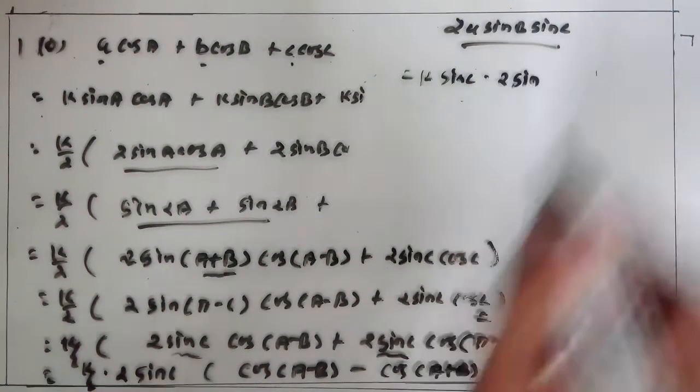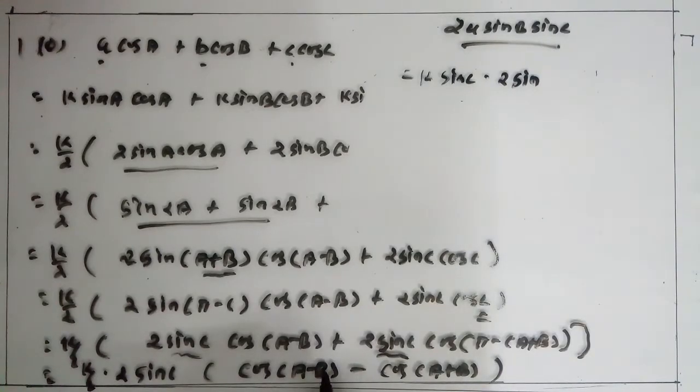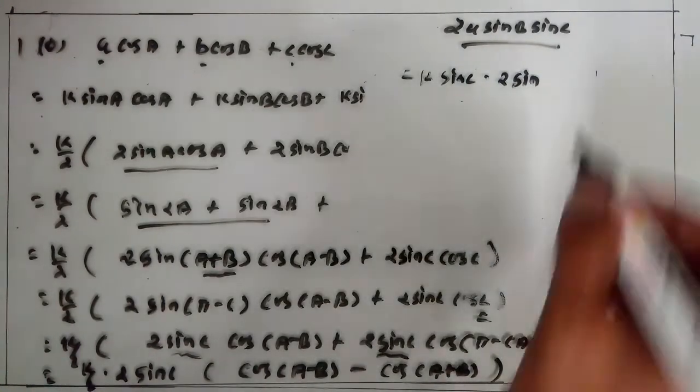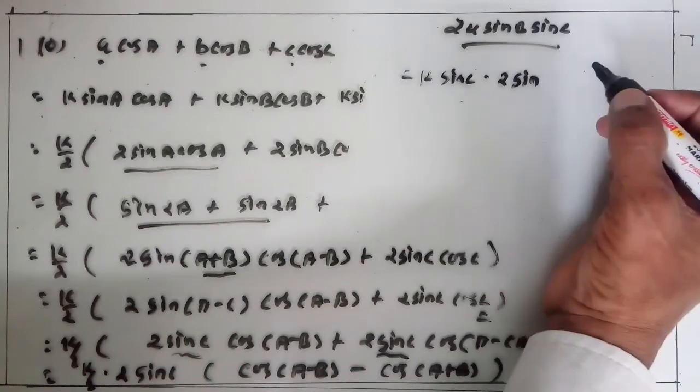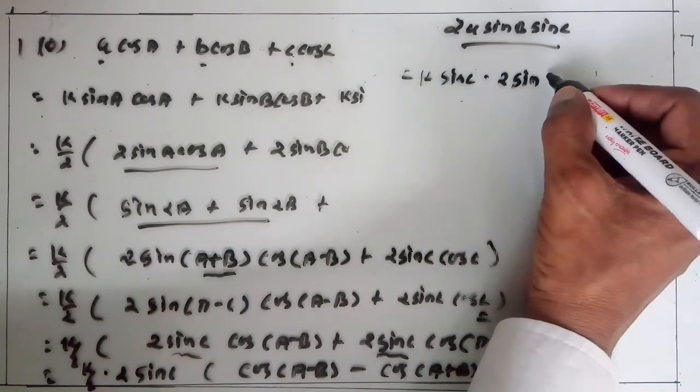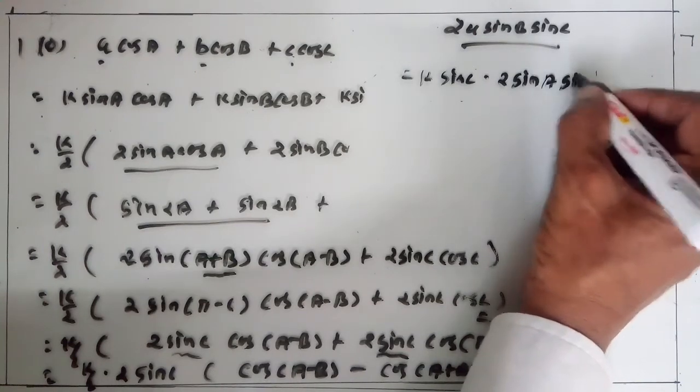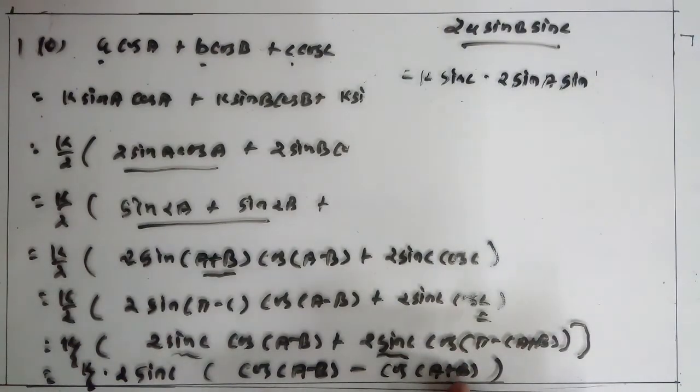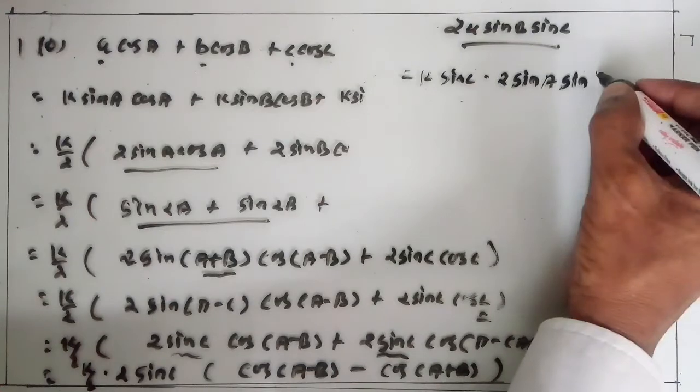So sin of (A minus B), (A plus B) becomes, minus B plus B cancel, A plus A becomes 2A by 2, that is A, into sin of the subtraction of these two, (A plus B) minus this, so minus minus plus, B and B, 2B upon 2, that is B.